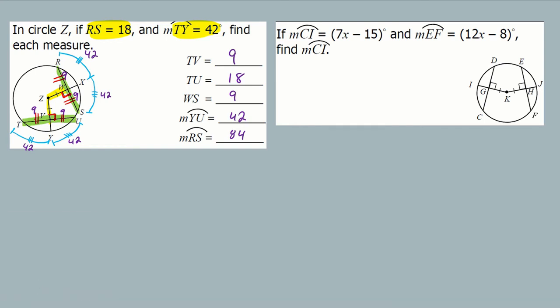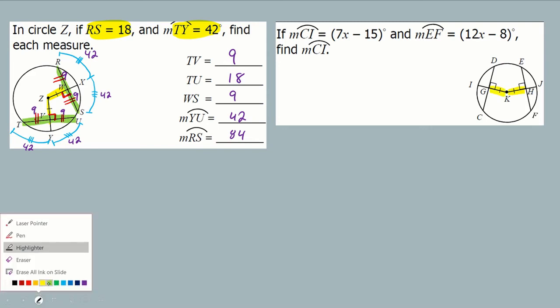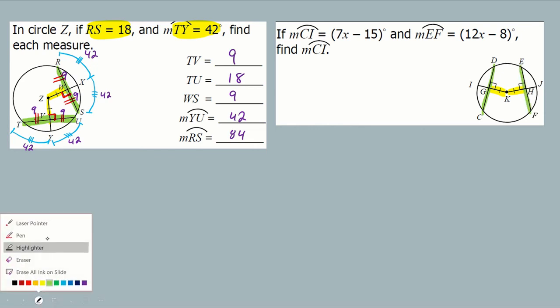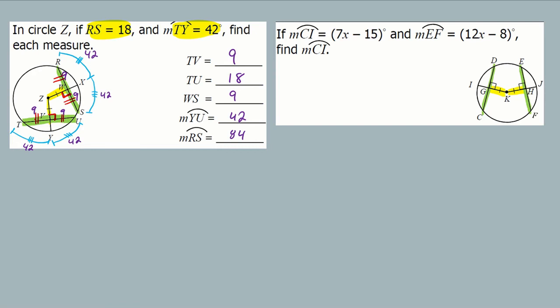The first thing I look for, do they have anything that are congruent? They do. Because the distance from the center of the circle to each one of those chords is exactly the same, that's telling me that the two chords are going to be congruent. And also, since I have a right angle there, it's splitting up the chords into two equal parts.